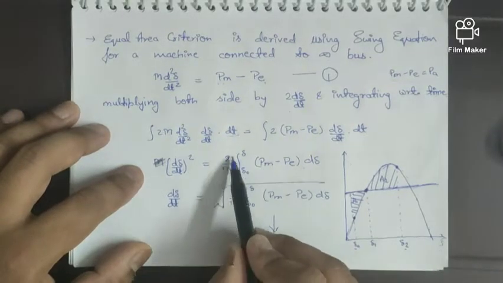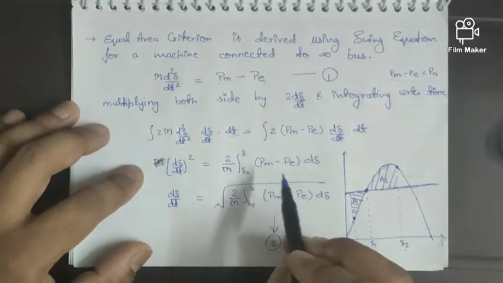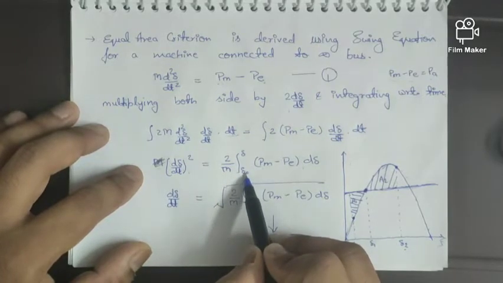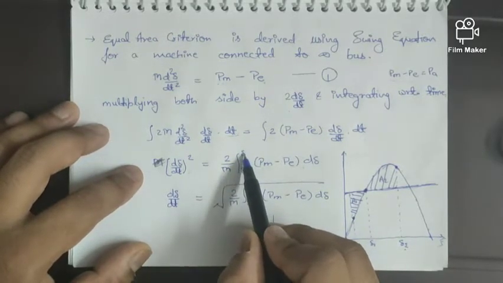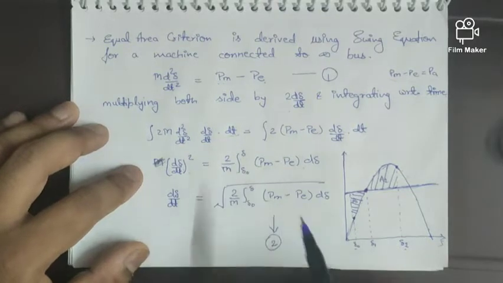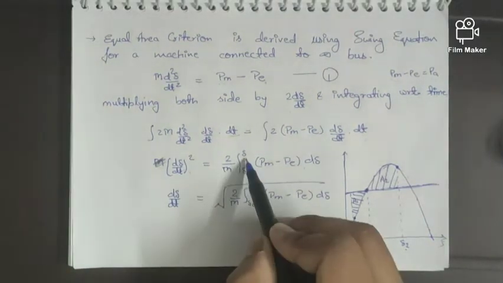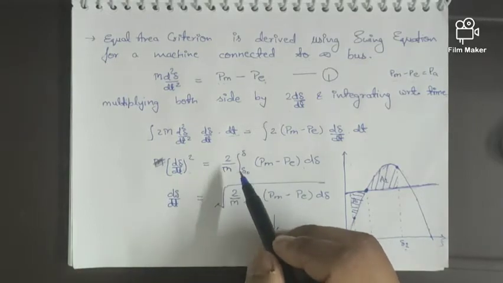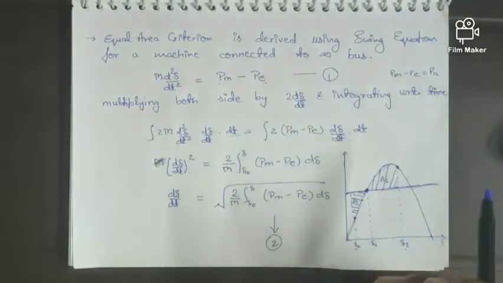This integration takes place from the initial operating angle delta naught till the final delta angle, which is the angle up to which the rotor will swing.